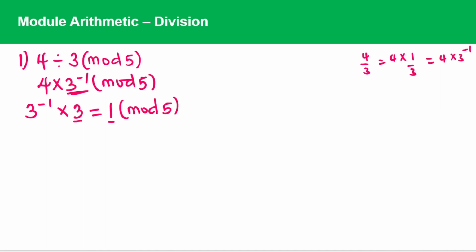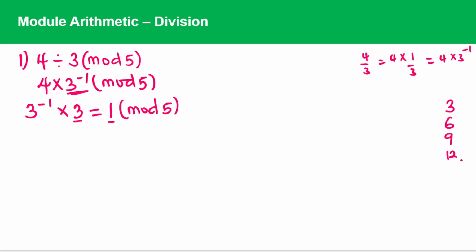I'll take that again. The multiplicative inverse of 3 to the power of minus 1 must fulfill two conditions. Number 1, it must be divisible by 3. And number 2, it must leave a remainder of 1 when divided by 5. Now let's take a look at numbers that are divisible by 3. We have 3, 6, 9, 12, and so on. All these numbers fulfill the first condition.